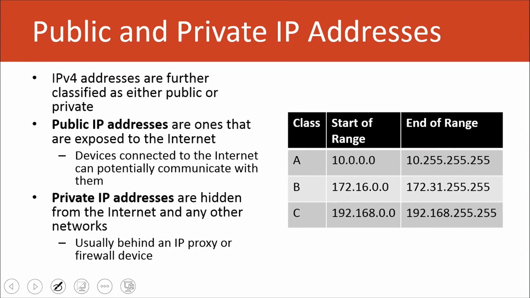Next, we've got public and private IP addresses. IPv4 addresses are further classified as public or private. Public IP addresses are just the ones that are exposed to the internet that anybody can see. And then private ones are hidden from the internet and any other networks. You've got private ranges here in this table on the right.